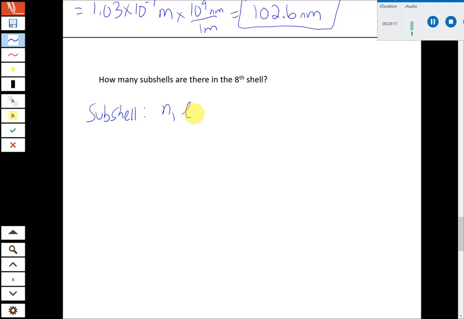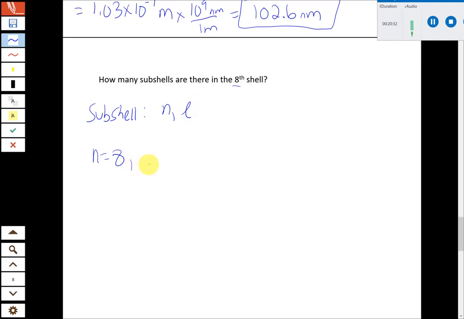Basically, to find how many subshells are in the 8th shell, which tells us that n equals 8, we have to know how many different values of L there are. If n equals 8, each allowed value of L is going to define a different subshell.